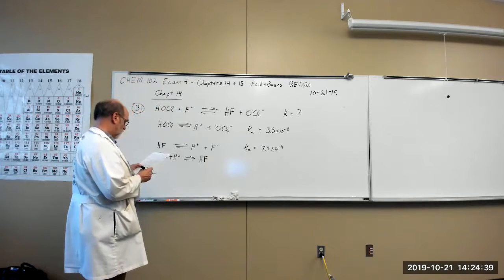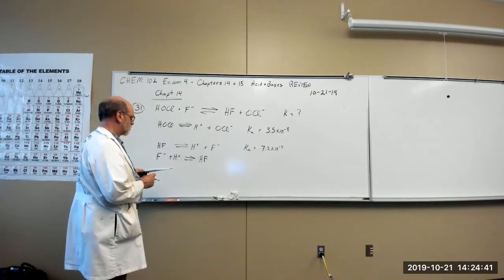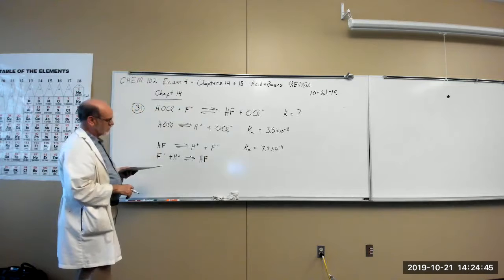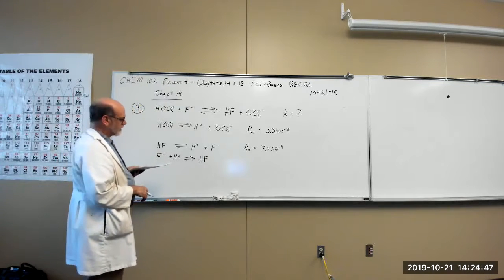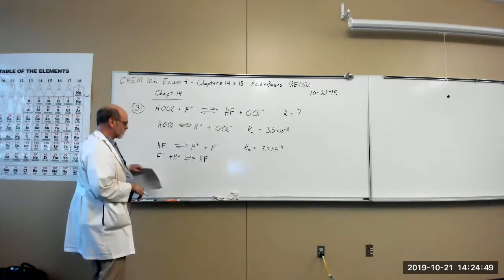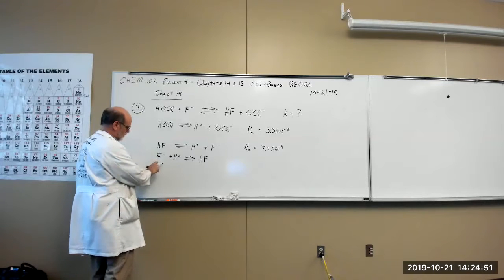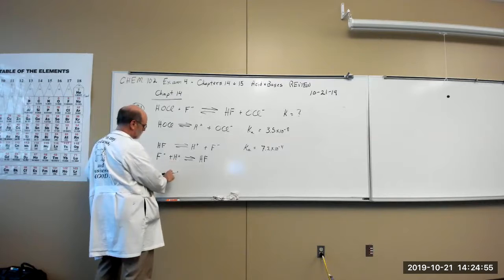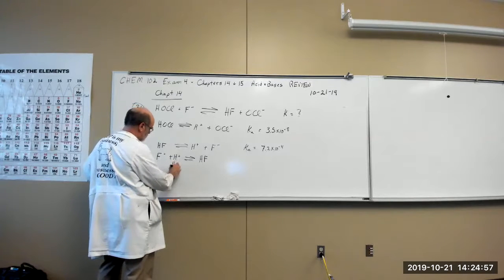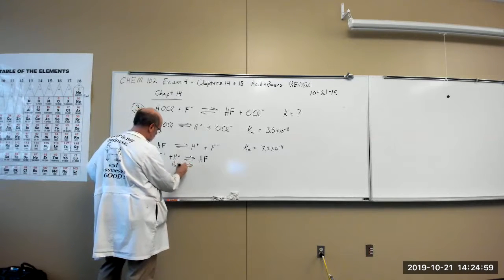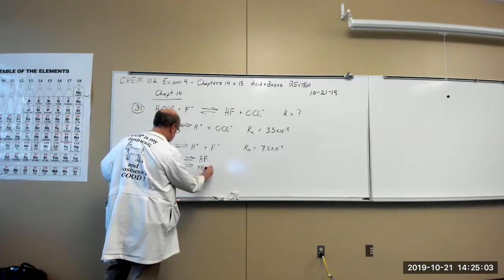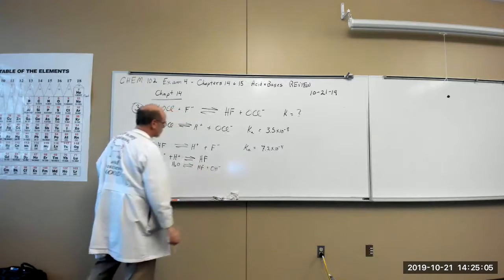What would we normally do with a K value if you flip it? The K would be inverted, but we're in an aqueous solution, so this is not going to combine with H plus, it's going to combine with water to produce HF plus OH minus.